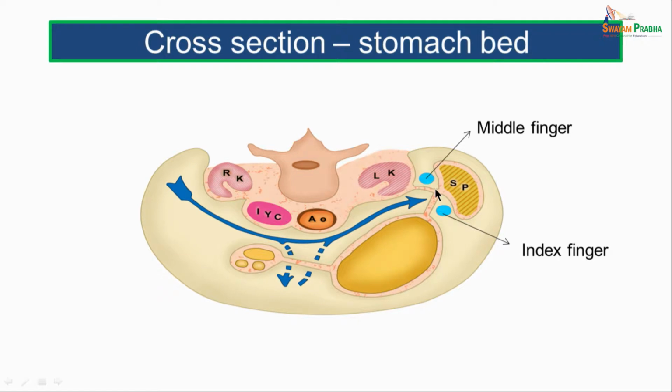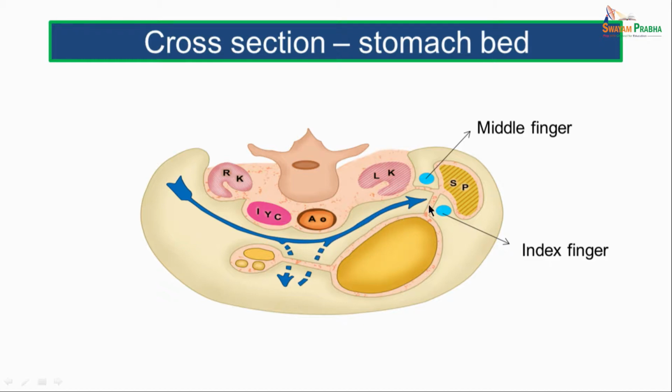From the hilum of spleen, the lienorenal ligament goes towards the left kidney. Posteriorly, on the posterior abdominal wall, we see the left kidney, the great vessels, the aorta and the inferior vena cava and the right kidney. This entire area which is seen behind the stomach, separating it from the left kidney, is the lesser sac or the omental bursa.